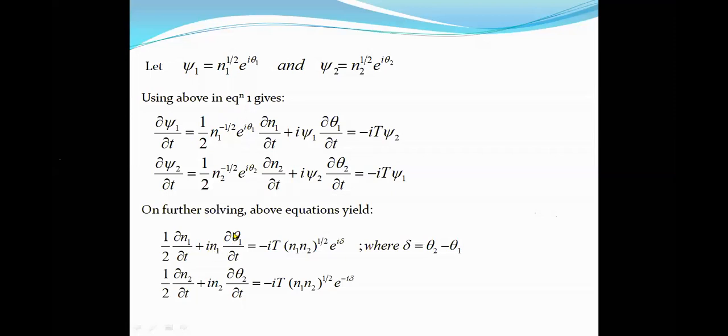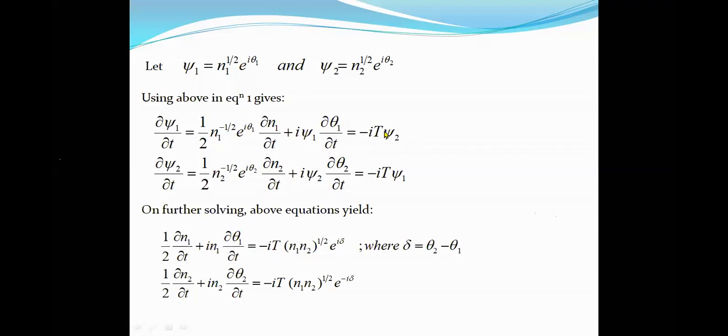And i n θ1, θ2. So this is ψ1 here. ψ1 is n^(1/2), and you are already multiplying by n^(1/2), so there will be n1 here. The i is already there, and you are multiplying by e^(-iθ1), and because of ψ you have e^(iθ1), so the exponentials will cancel, and you will have this i n1 dθ/dt.